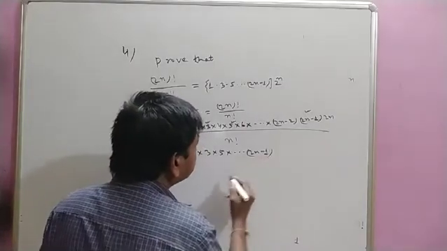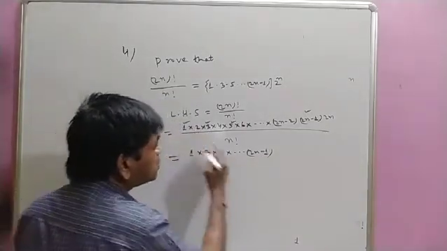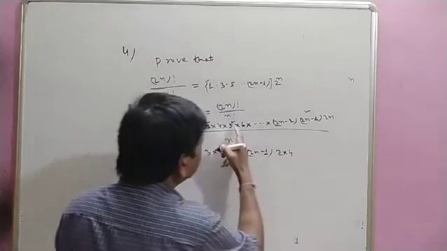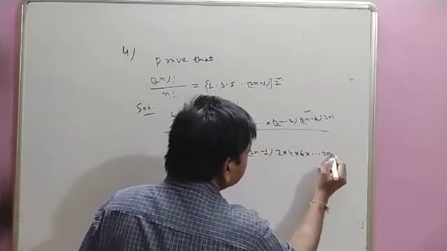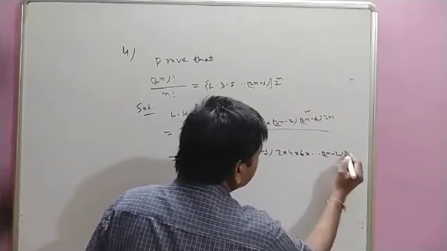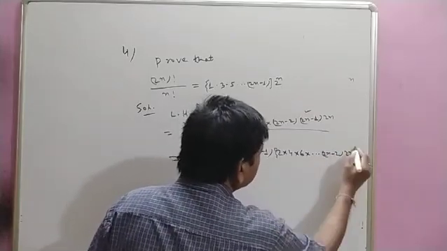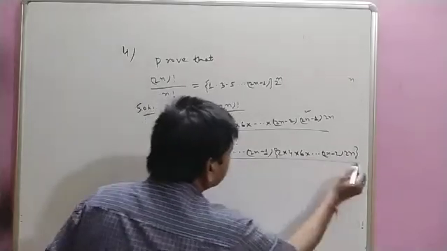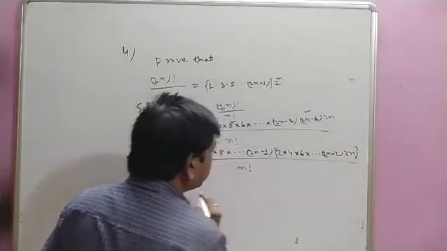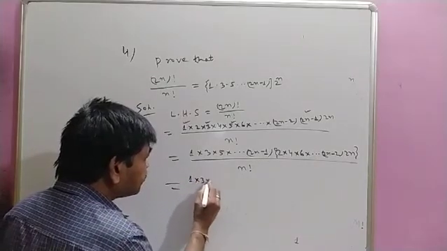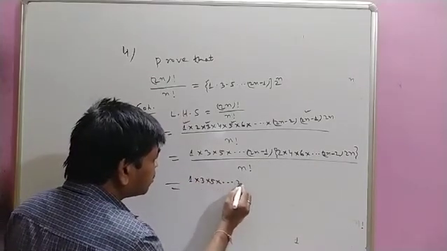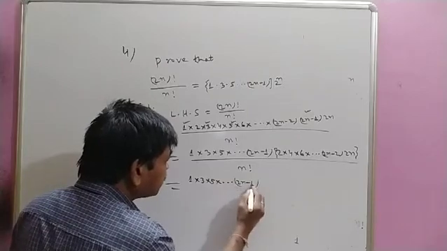Then after that you write the even ones. What are the even factors? 2 into 4 into 6 into dot into 2n minus 2 into 2n. Everybody clear? Then divided by n factorial. Now you see this is 1, 3, 5 dot up to 2n minus 1.